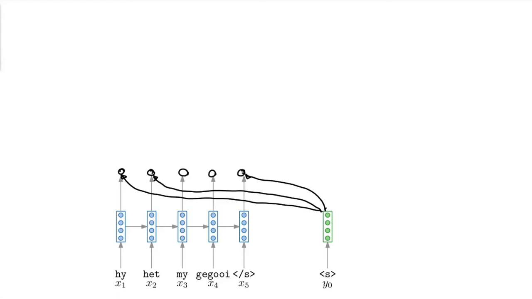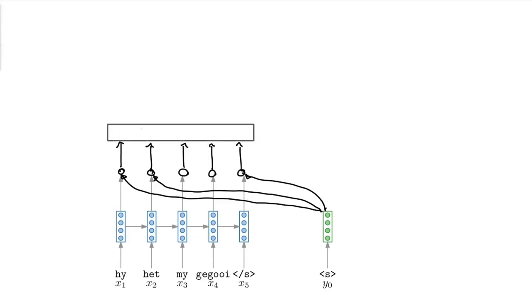These values are between minus infinity and infinity, but what I want is to squash them to be between 0 and 1, and I want one number to be higher than some of the other numbers. So I take these values and push them through a softmax.